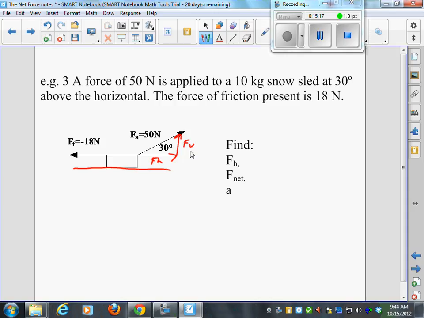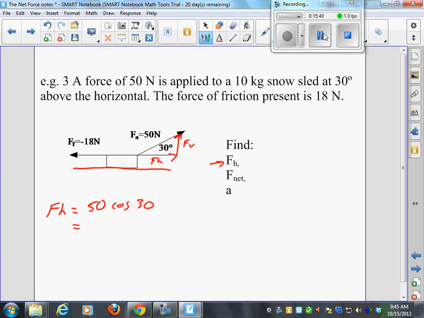So in other words, the first step is to find the horizontal component, FH. Now the FH is opposite or adjacent to the 30 degrees? It's adjacent. So I'm going to use cosine. So it's going to be 50 cos 30.